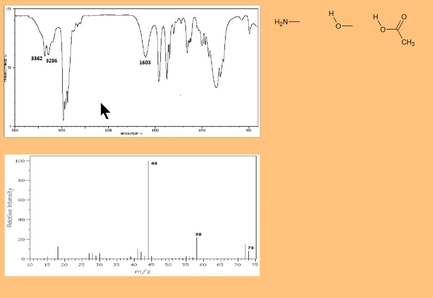But when we think about it more clearly, we could rule out the alcohol because the alcohol, although it's broad and in this region, doesn't have these little spikes or this little crab claw kind of hand. That's not what an alcohol does. Nor is it what a carboxylic acid does either.